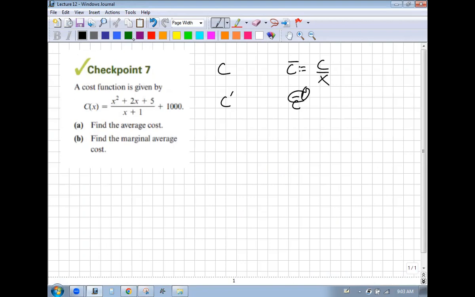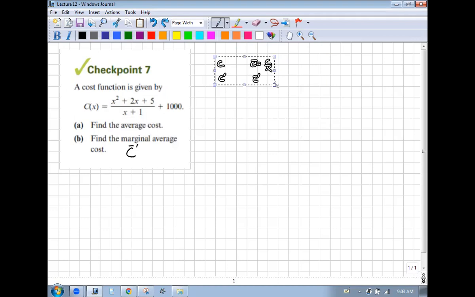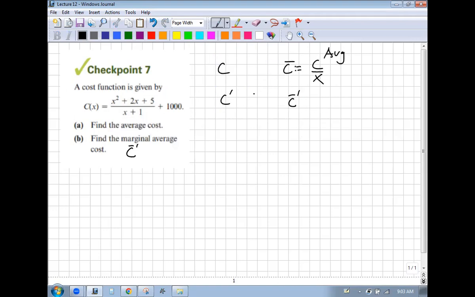So the derivative gives you that marginal. This one right here, marginal average, you're going to need this. So I guess this is cost, this is average, this is your marginal, this is your average marginal.